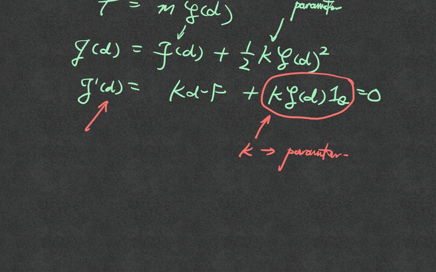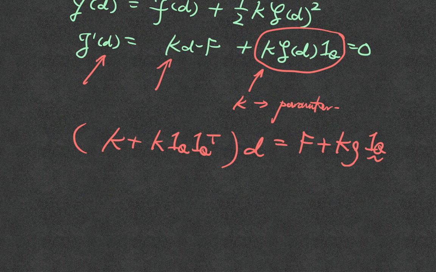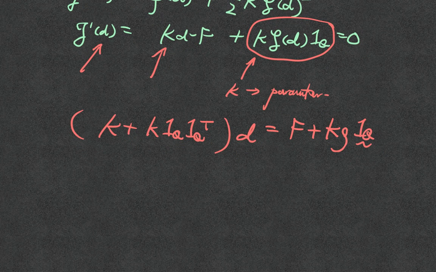In fact, in most cases, if k is positive definite, your resultant matrix, which let me write down in detail, would be simply this. I won't make the detailed calculation, but you can easily do that. This would be the system of equations.